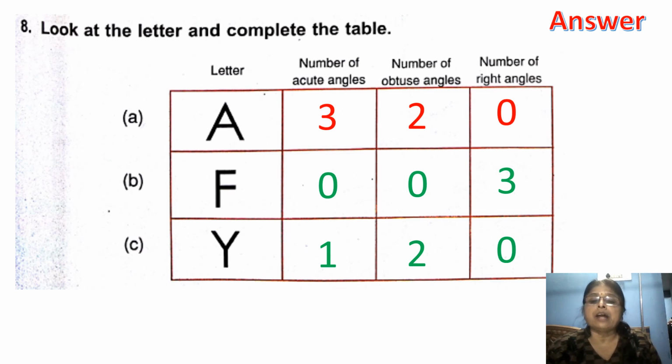And in letter Y, only 1 acute angle and 2 obtuse angles. And for right angles, no perpendicular line is here, so no right angle.